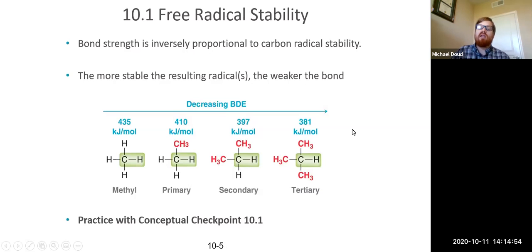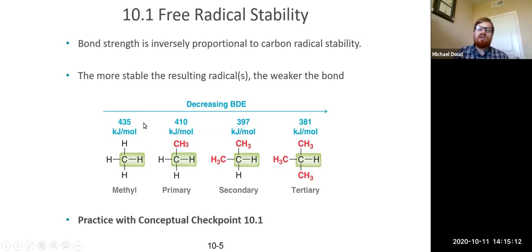Now, keep in mind that bond strength is going to be inversely proportional to the carbon radical stability. Basically, the more stable your radical is, you can imagine the more stable the products are going to be, so the weaker that bond is going to be.